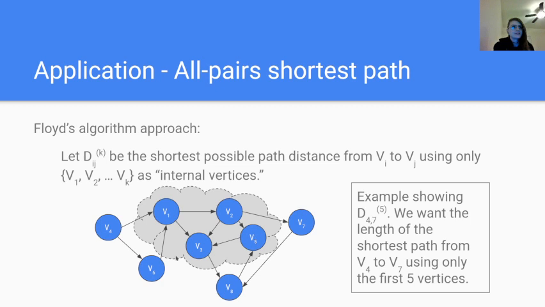And what we're doing is at the kth step, we are using only the first k vertices as internal vertices. So here's an example showing D of 4, 7 with k equals 5. We want the length of the shortest path from V4 to V7 using only the first 5 vertices, V1, 2, 3, 4, and 5.